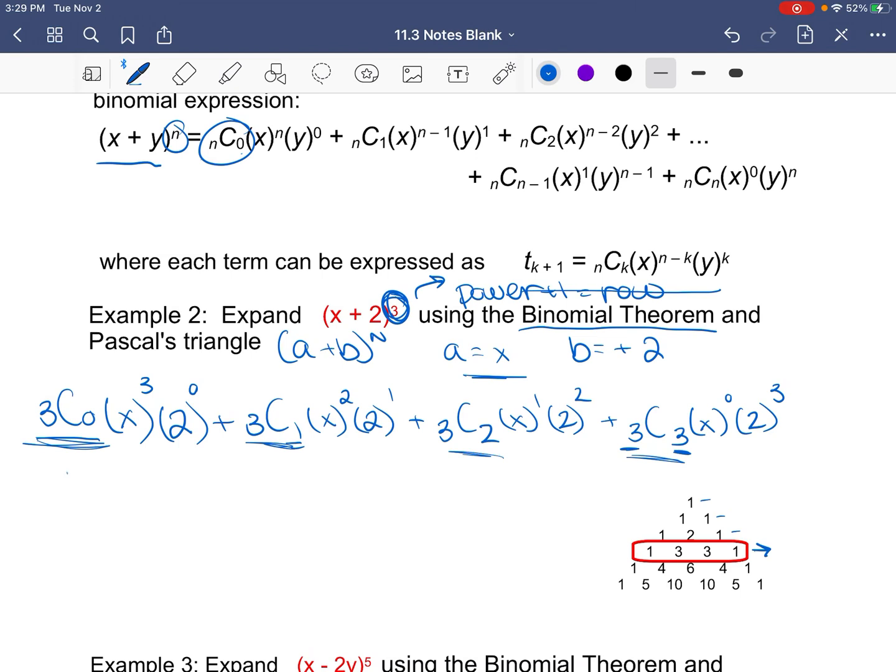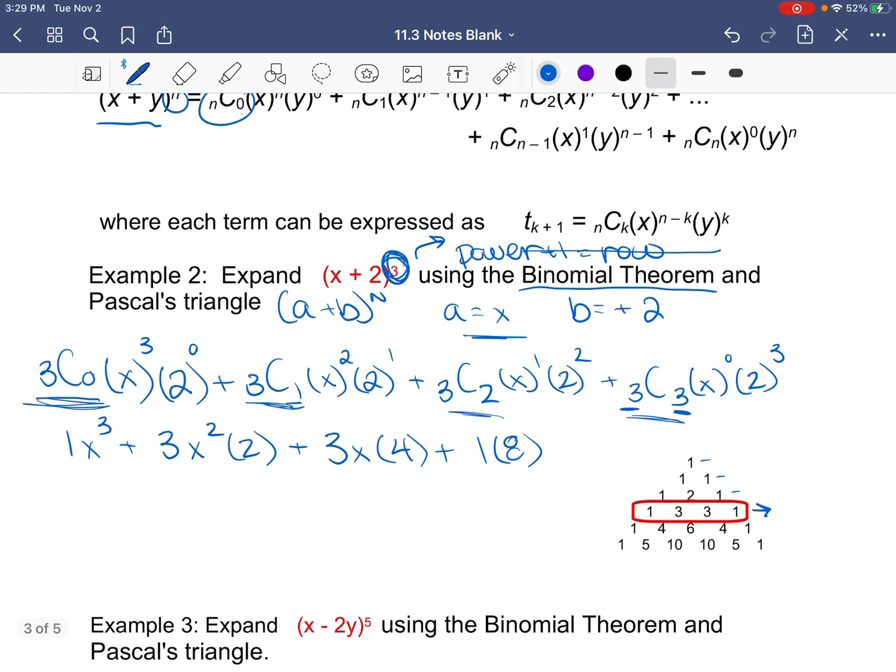So 3c0 is 1, x cubed, 2 to the 0 is 1, plus 3 x squared times 2, plus 3c2 is 3, we're at x, 2 squared is 4, plus 3c3 is 1, x to the 0 is 1, and 2 cubed is 8.